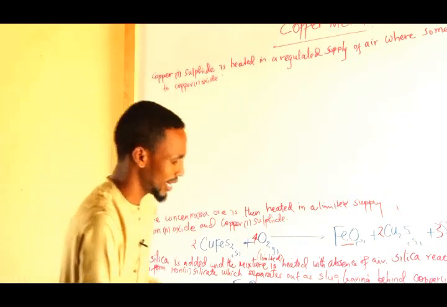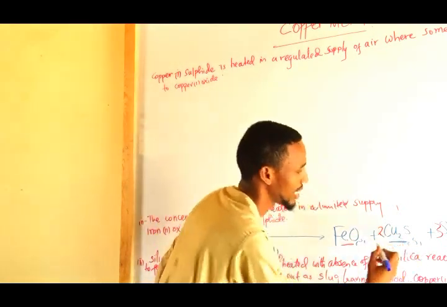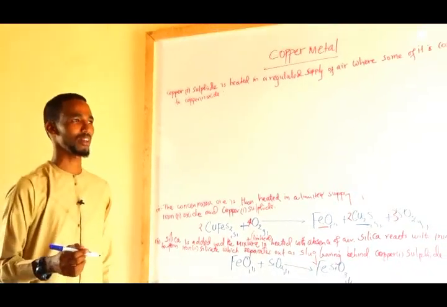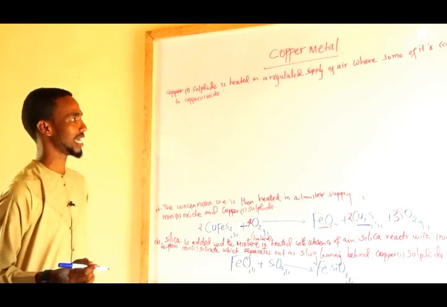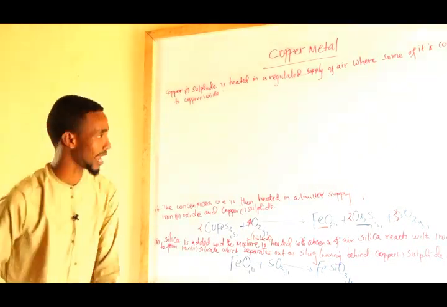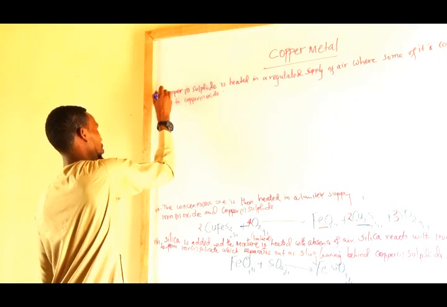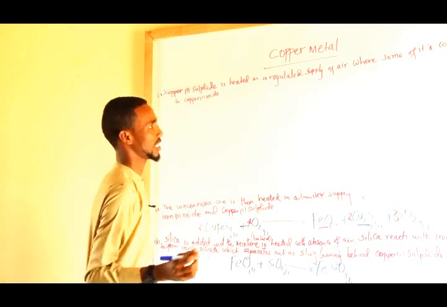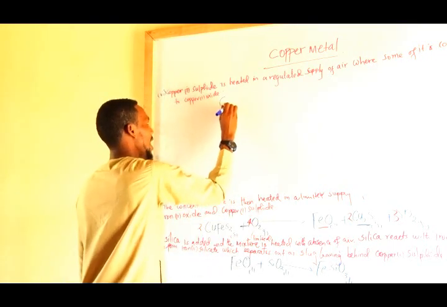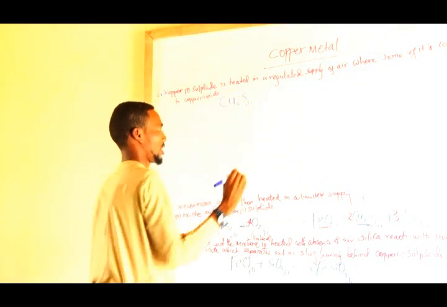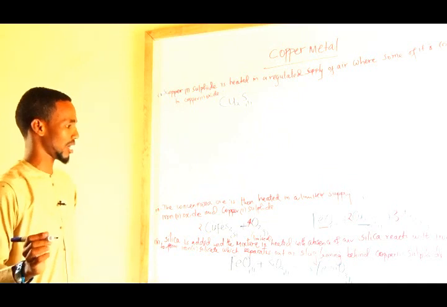So we had the copper 1 sulfide. Now it is heated in a regulated supply of air. This is stage number 3 of the extraction of the metal.